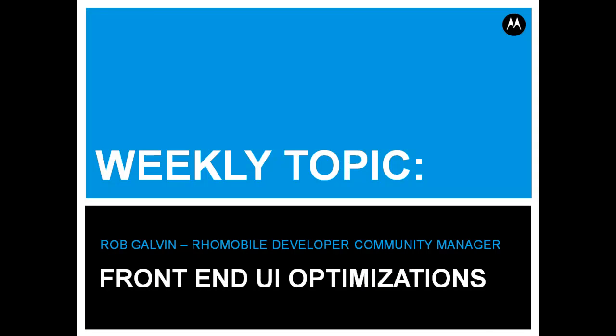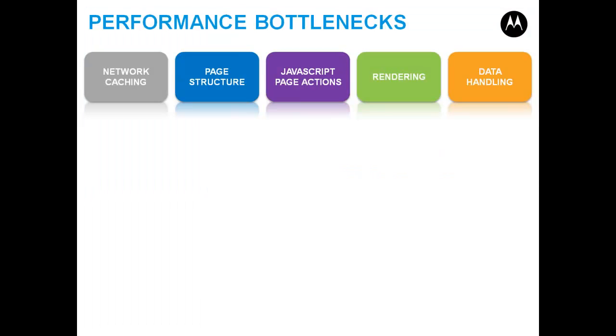Okay, so let's jump right into the topic of the day. It's about performance, and I've been involved in a team over the past few months, I guess, that has been focused on performance.